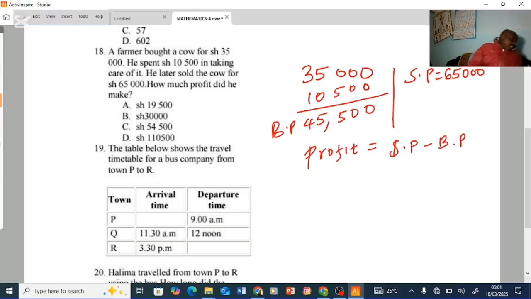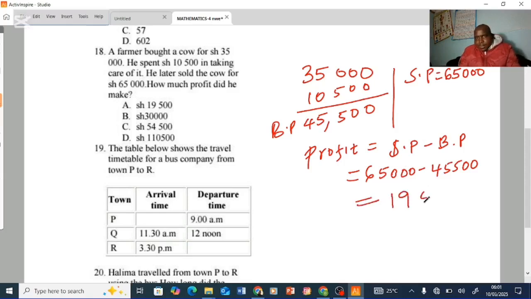Selling price minus buying price. That is 65,000 minus 45,500. And the profit will be 19,500. That is the profit you will get.